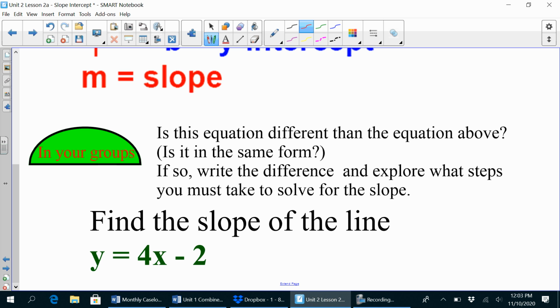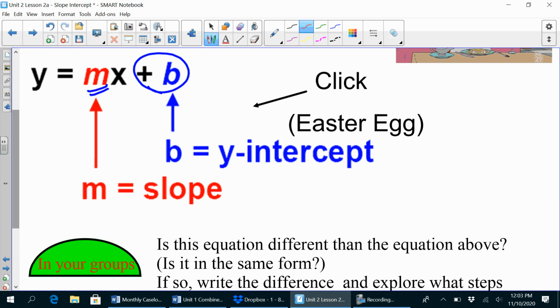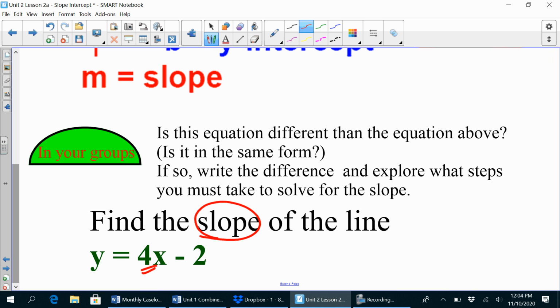So find the slope of the line. Is the slope here? Yes, we said that the slope, and if we look up at the example, is right here, always in front of the x. So y equals its slope, x. Now here is our y-intercept.